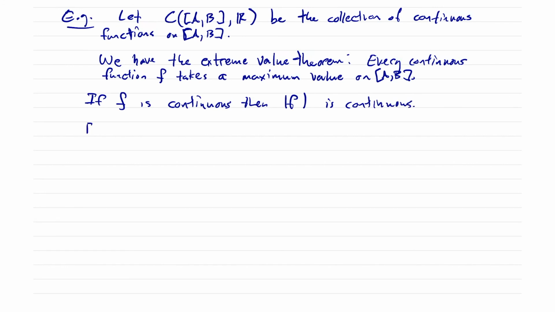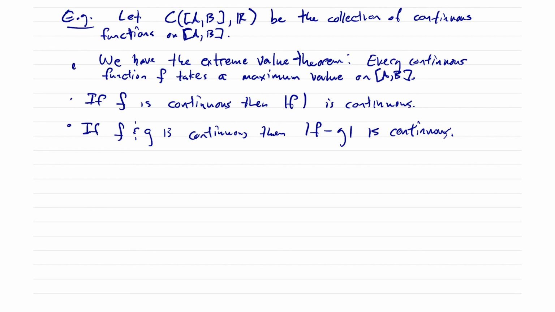And if f and g are continuous, then the absolute value of f minus g is continuous. Right? So what does that mean?